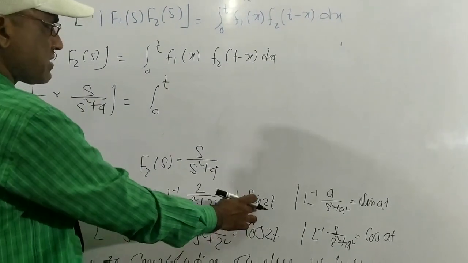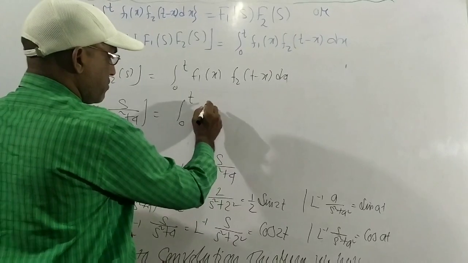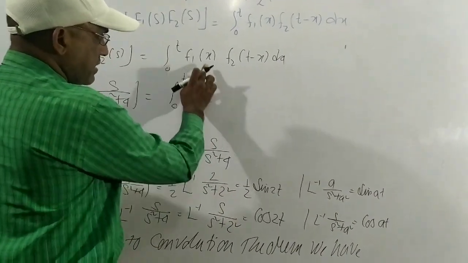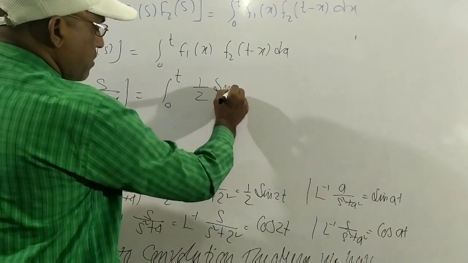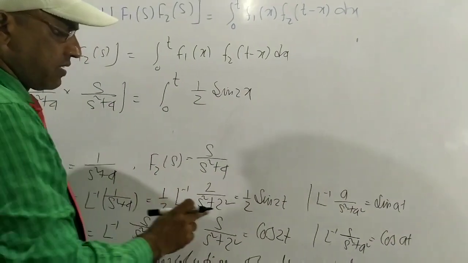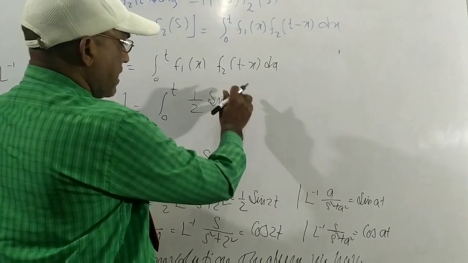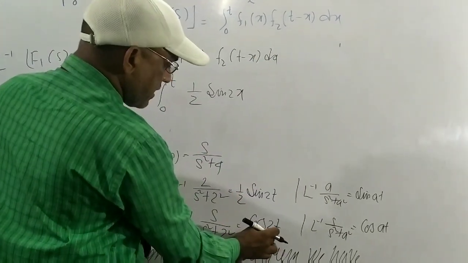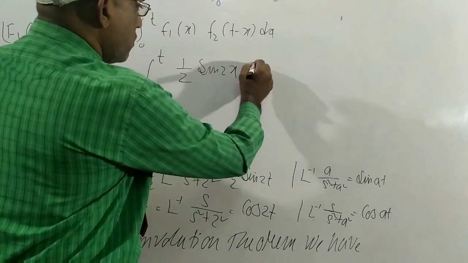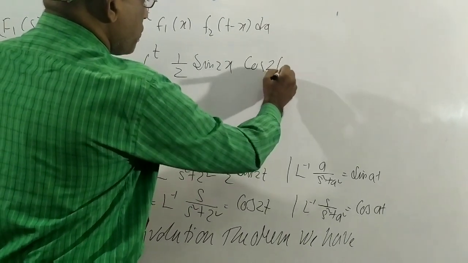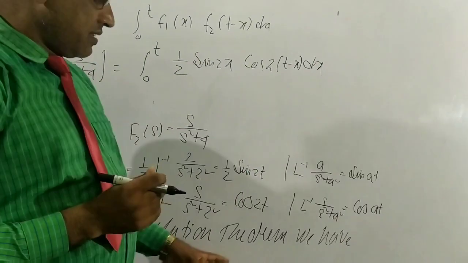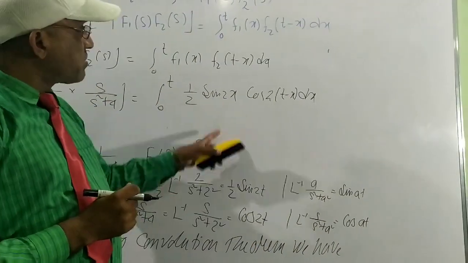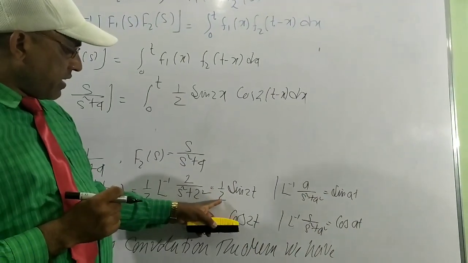For f1(x), putting t equal to x, we get 1 by 2 sine 2x. And for f2(t minus x), putting t equal to t minus x, we get cos 2(t minus x) dx. Is this line clear? Just using this formula, we get this one.